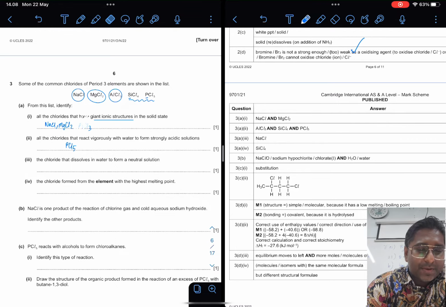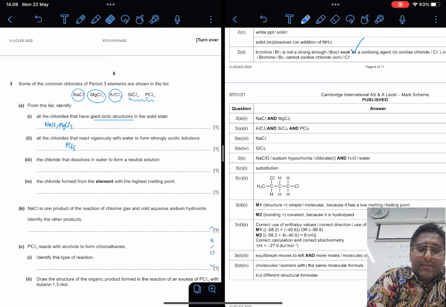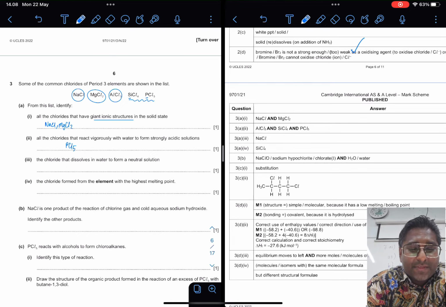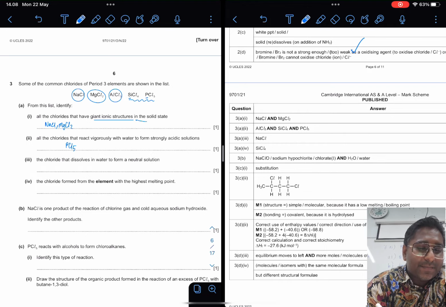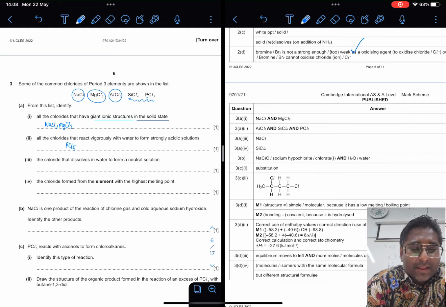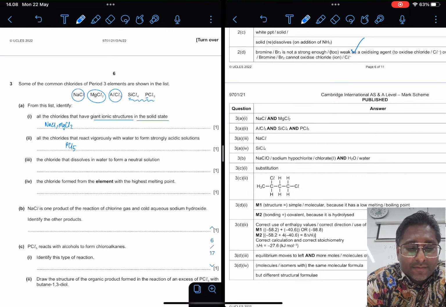Maybe aluminium is a special case. So all the chlorides that have giant ionic structure in the solid state are NaCl and MgCl2.